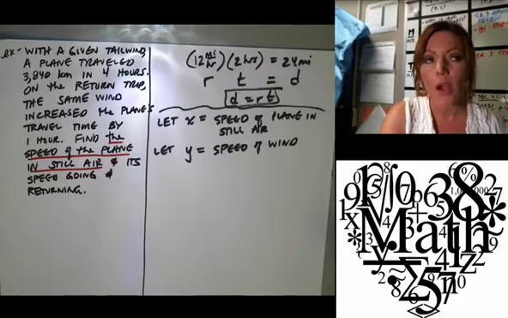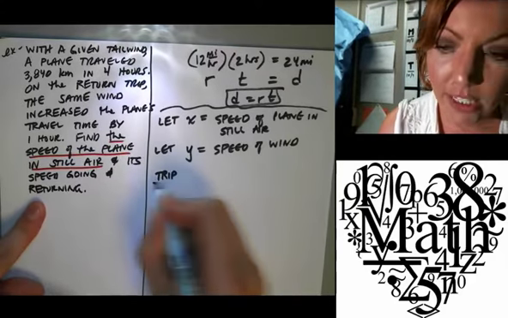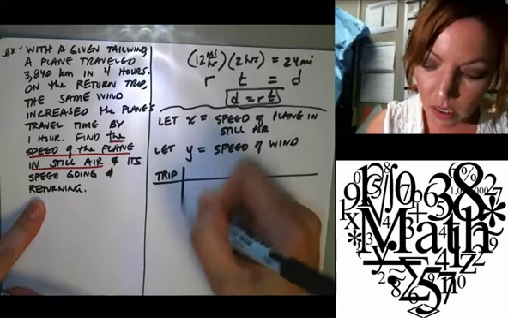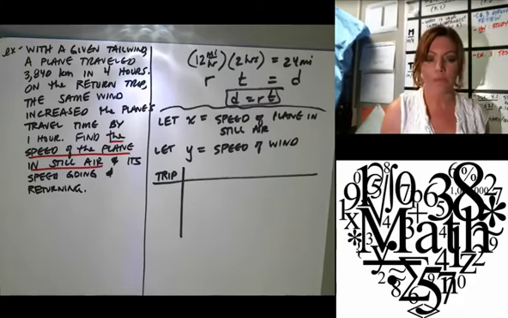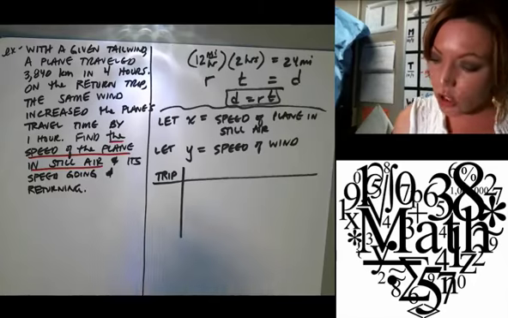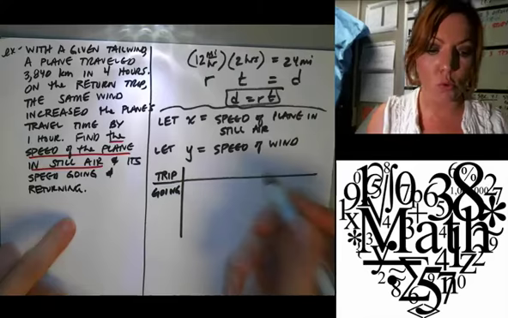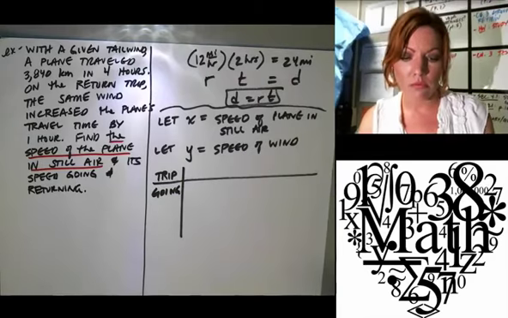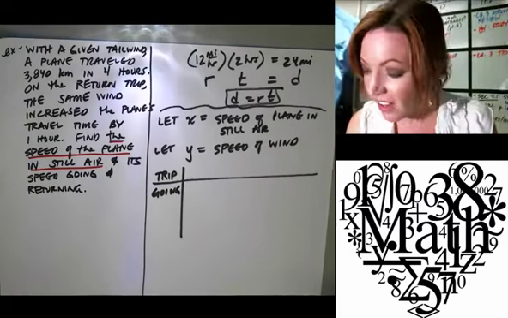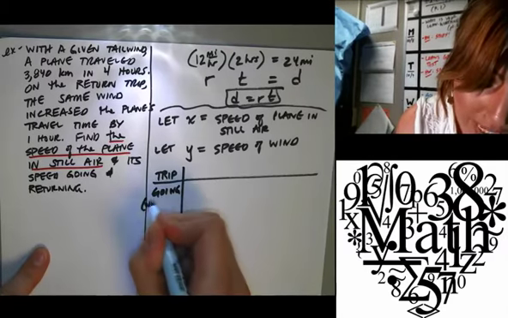Okay, I'm going to set up a little chart here. I like charts. They help keep me organized. All right, so it says here we have 2 trips. The first one is that we are going to wherever we're going. So we can assume that when we go on this trip, we are going with a tailwind.